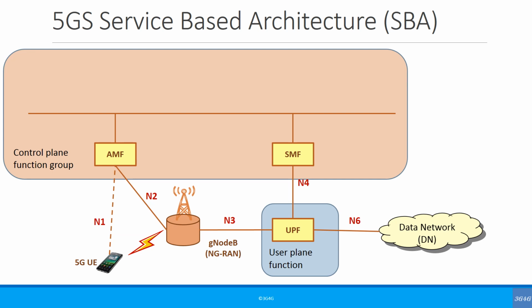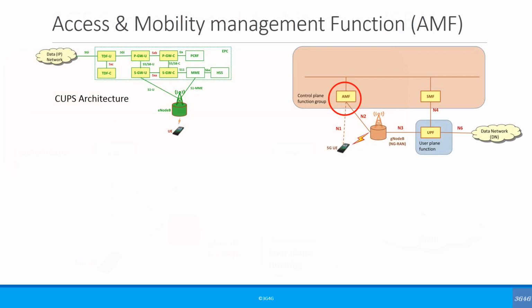Then we have the access and mobility management function, or AMF. This connects to the UE with the N1 interface and the G node B with the N2 interface. So AMF is a single node to manage all UE related functions.